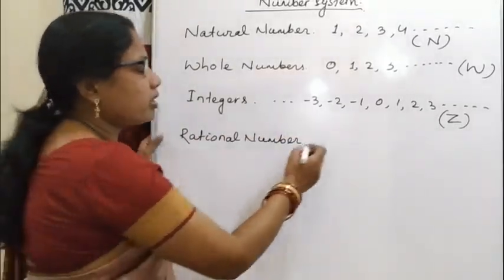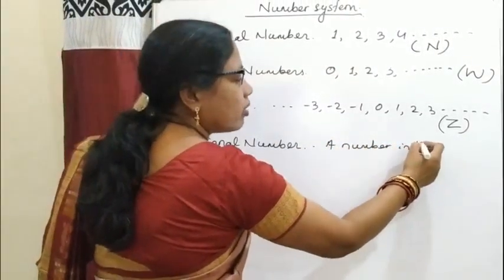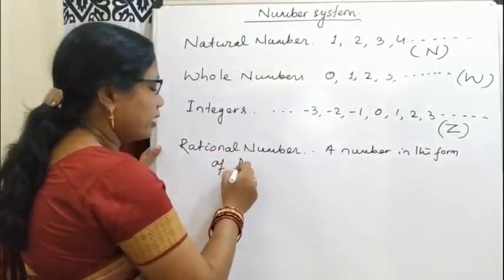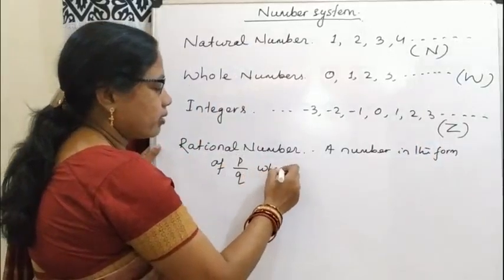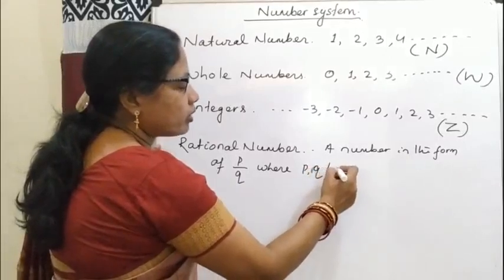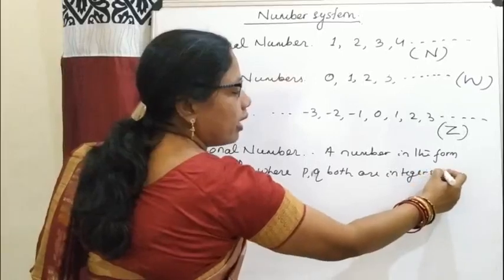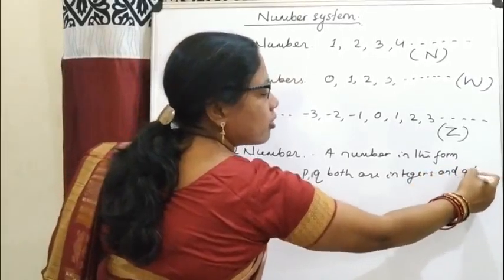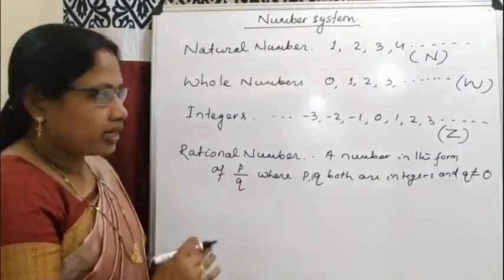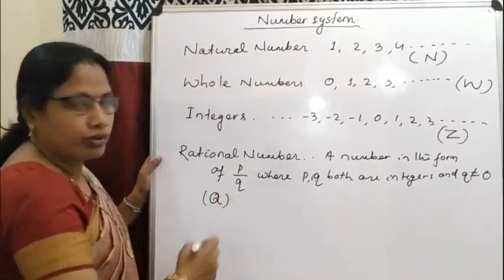A rational number is a number in the form of p by q, where p and q both are integers and q is not equal to 0. So this type of numbers are known as rational numbers. So this set of numbers is denoted by Q.